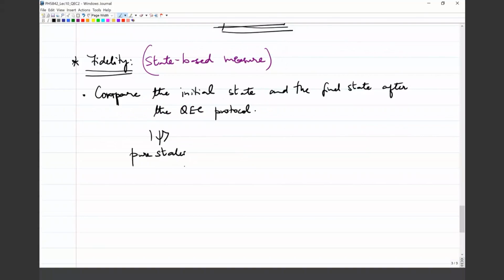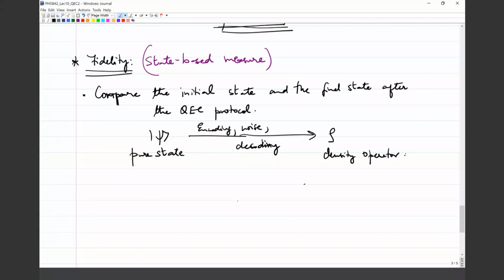And after the action of everything, so after encoding, noise, and I will simply call it decoding, but this is the entire thing, error detection, correction, etc., and including mapping back to the single qubit space, you have at the end of the day some density operator, which is the final state, right?